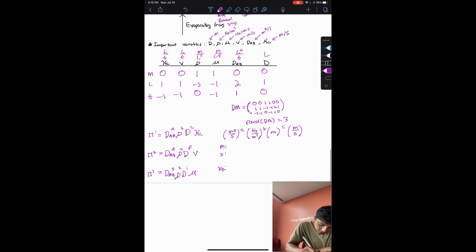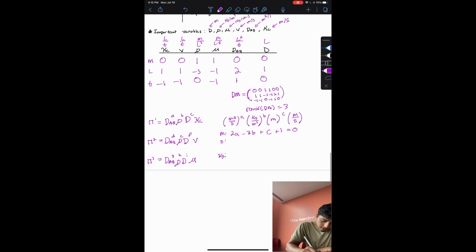For meters, we're going to do 2a minus 3b plus c plus 1 equals 0. That's for meters. For seconds, minus a, it's going to be 0, 0, minus 1 equals 0. So we know a is equal to minus 1.